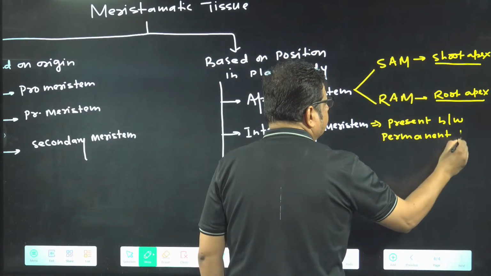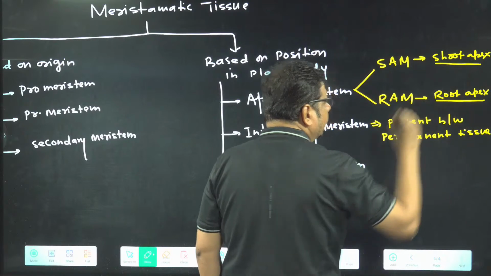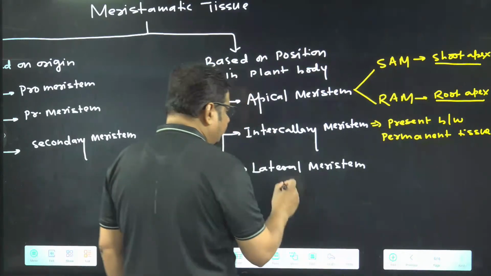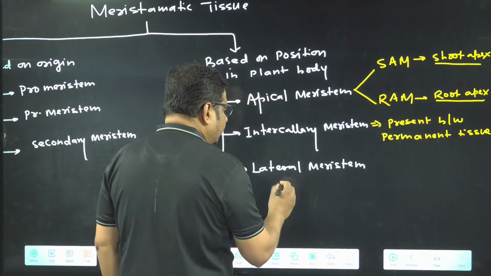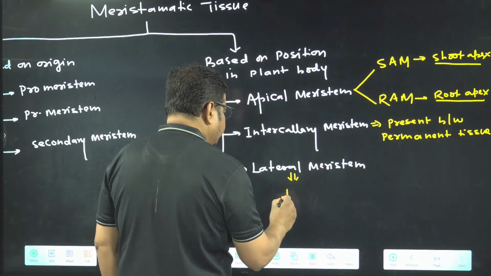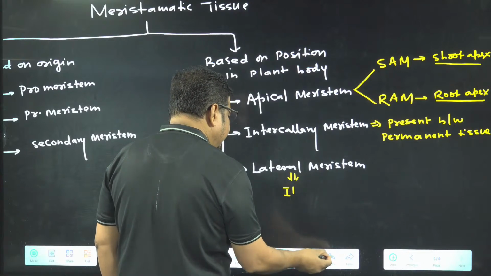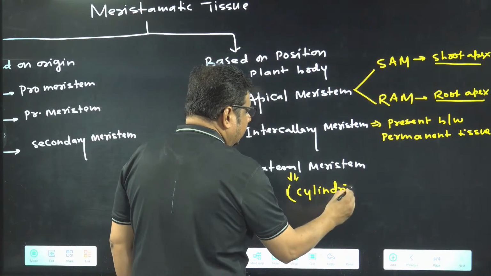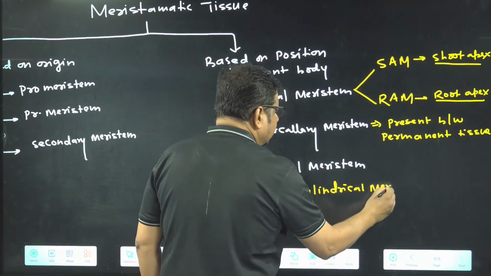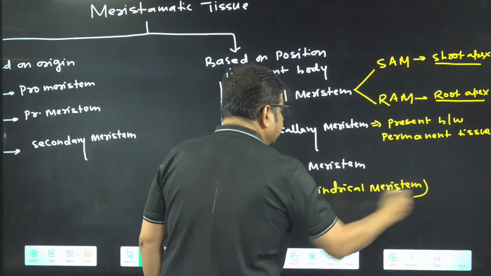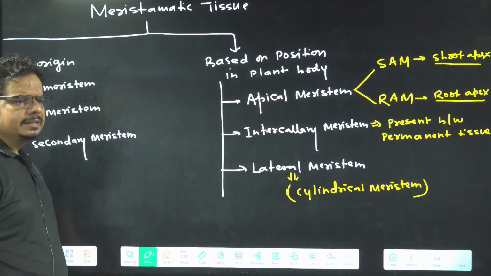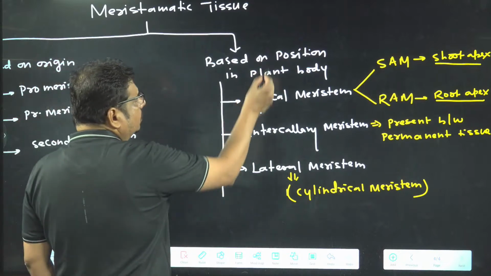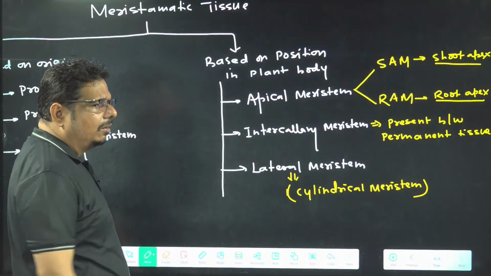And if we talk about lateral meristem, it is also called cylindrical meristem. Another name of the lateral meristem is cylindrical meristem. Getting the idea? So first let me tell you about this, then I will explain the origin in detail.